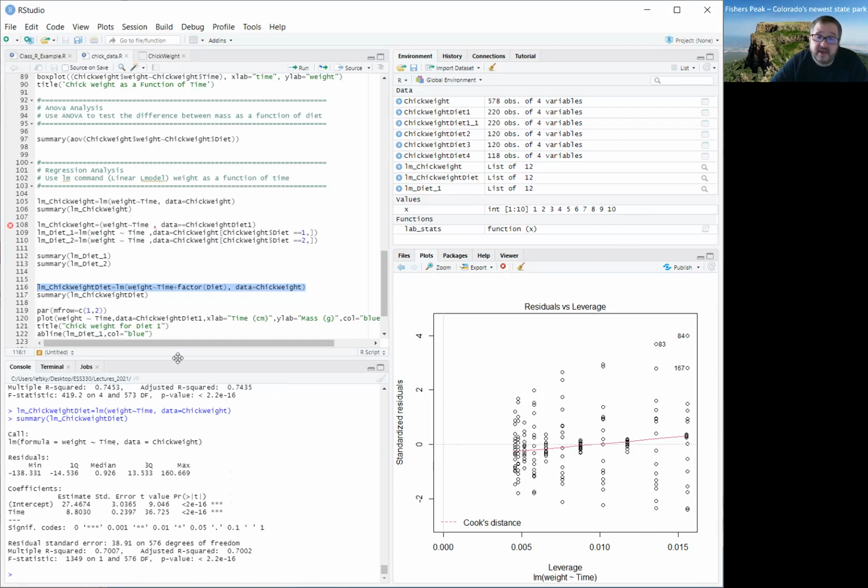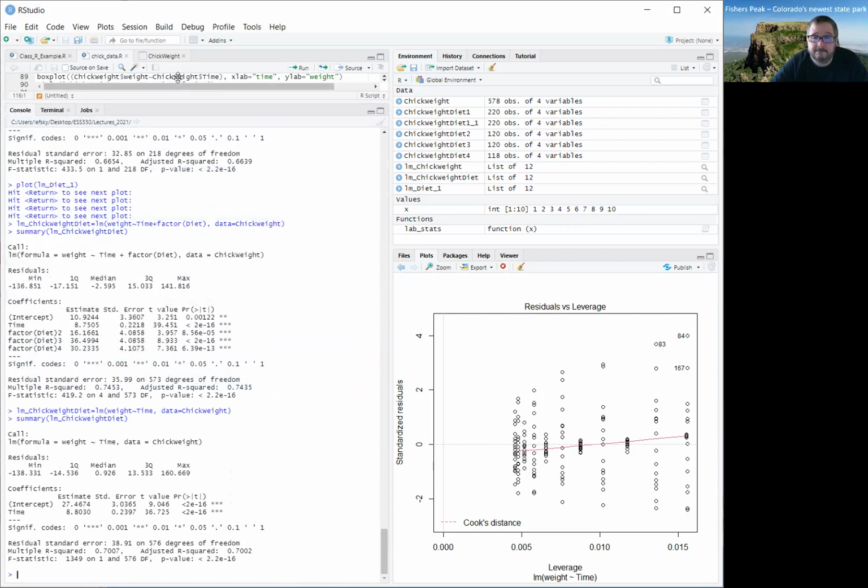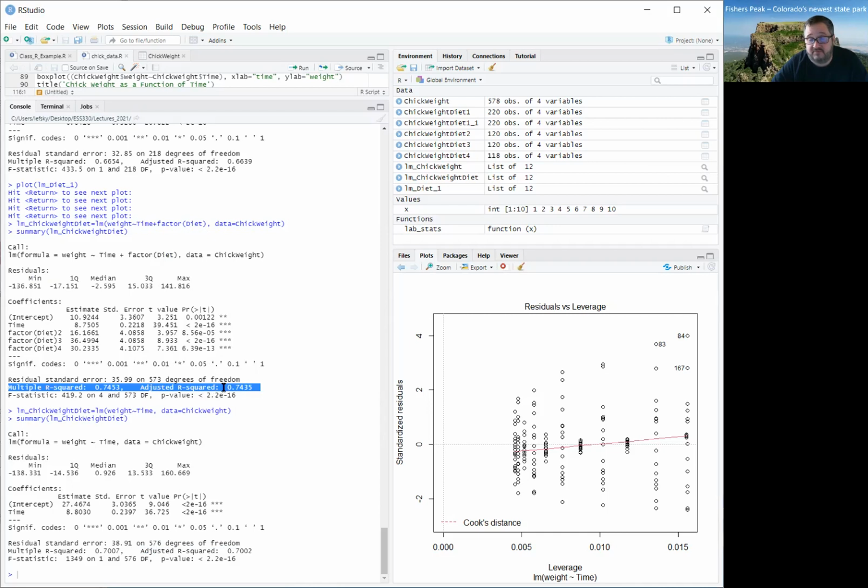And what we can see is it explained about 70% of variance, as opposed to 74% of variance.